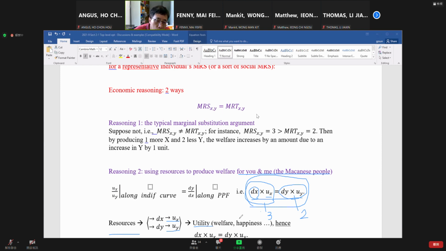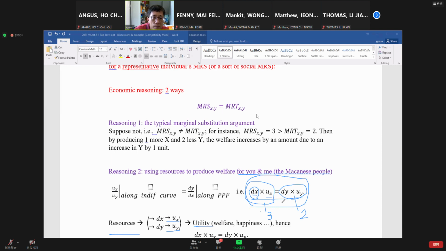We should produce a little bit more X. Okay, and then we consume a little bit more X. Then our happiness, our utility will increase by 3.